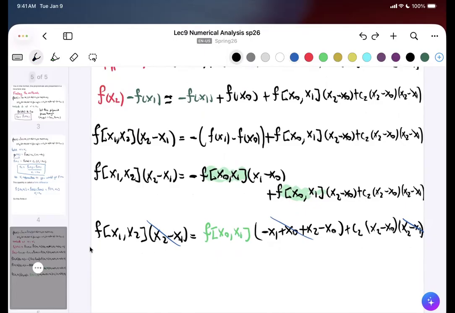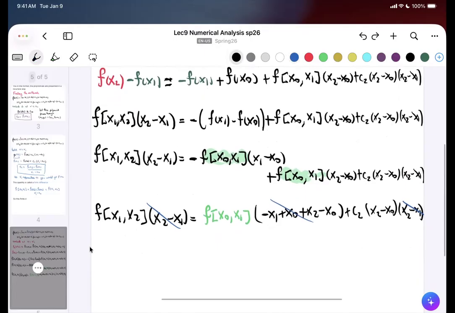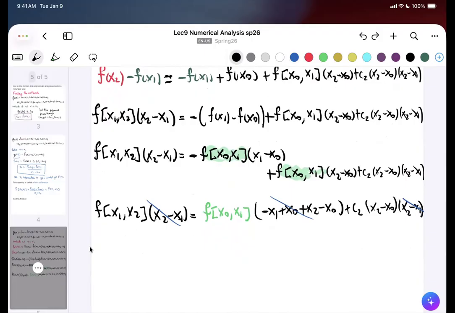And now we're almost at the, and you'll see it's very elegant, you're almost at the point where you see the formula. So f of x1 comma x2, the divided difference of x1 with x2, is the same as the divided difference of x0 with x1 plus C2 times x2 minus x0.